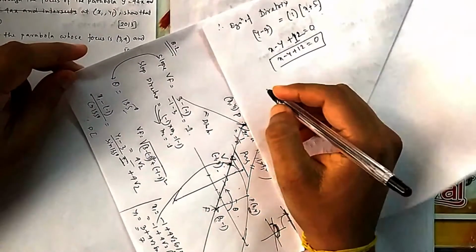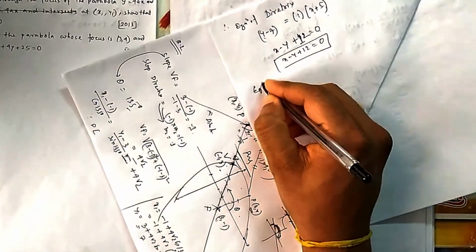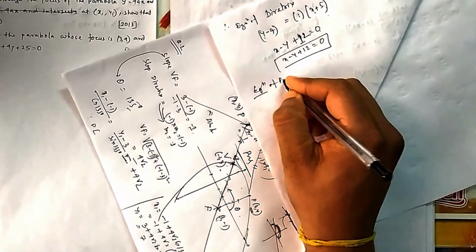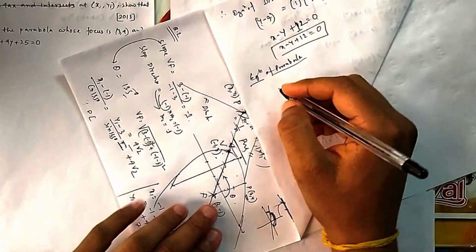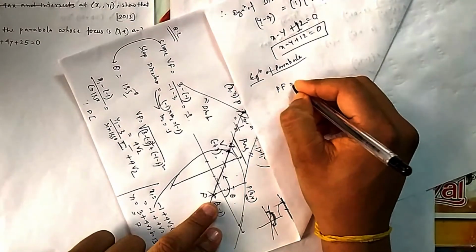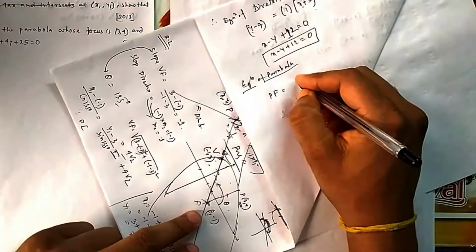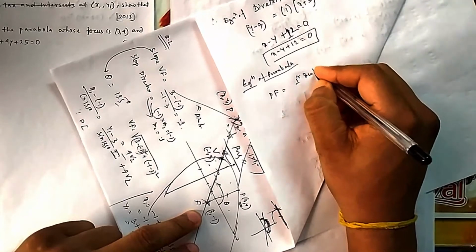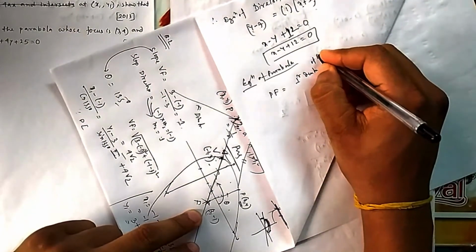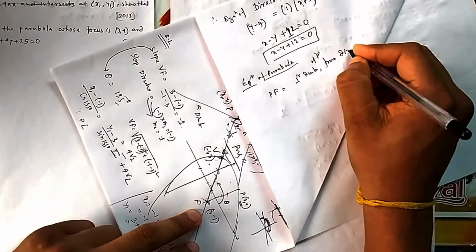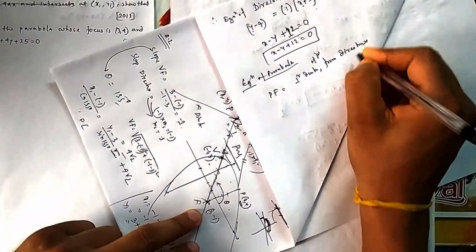Okay, so what is the equation of the parabola? How will we find the equation of the parabola? The distance from the focus and the distance from the directrix should be equal. What is the distance from the focus? We will write it this way. PF is equal to the perpendicular distance of P from the directrix. So what is PF?